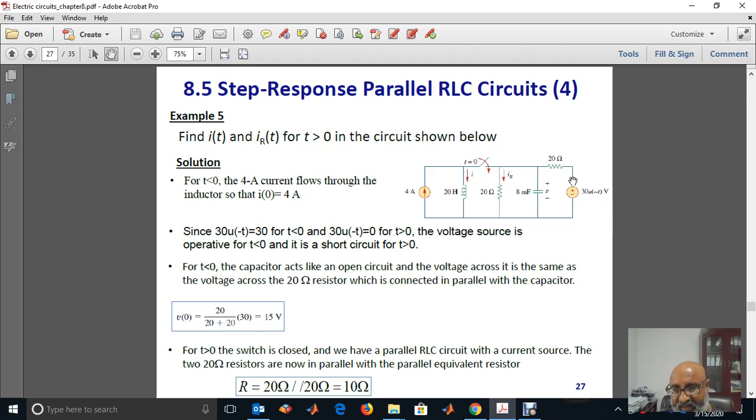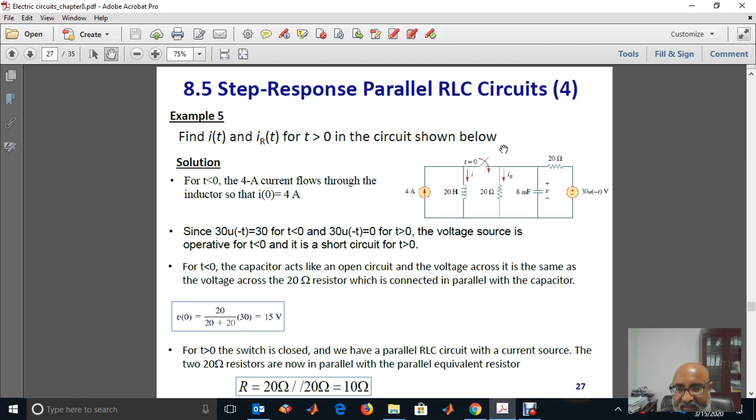But for t greater than 0, there is no 30 volt, and this one will be short. So for t less than 0, the capacitor acts like an open circuit, and the voltage across it is the same as the voltage across the 20 ohm resistor, which is connected in parallel with the capacitor. And by voltage division, V at 0 is 30 times 20 over 20 plus 20, which is 15 volt.